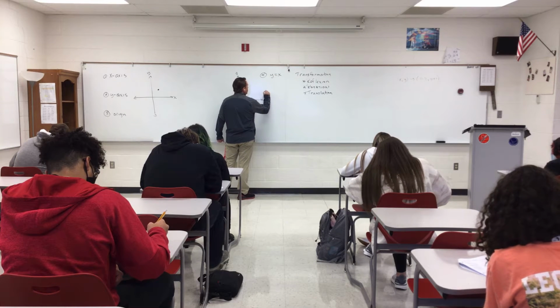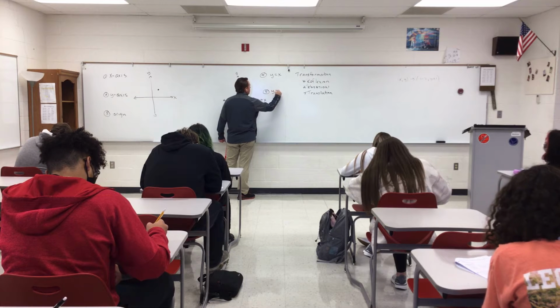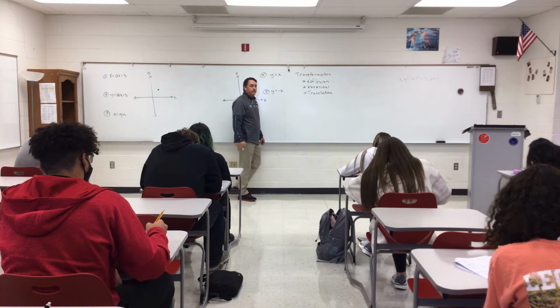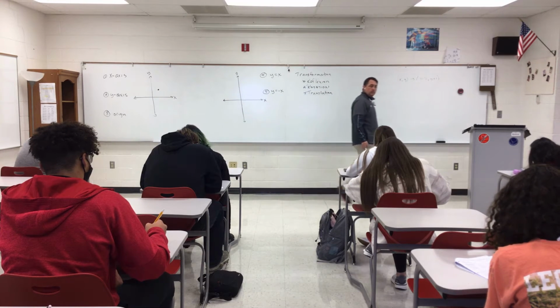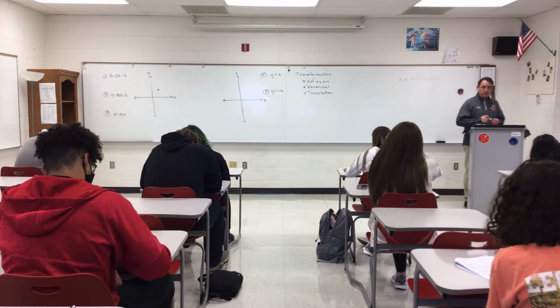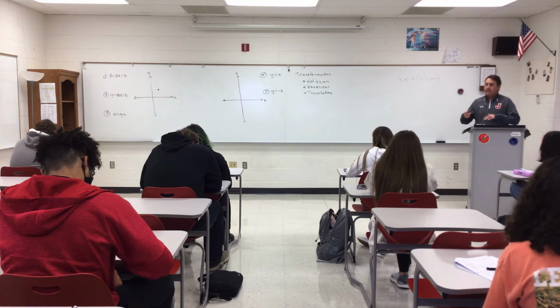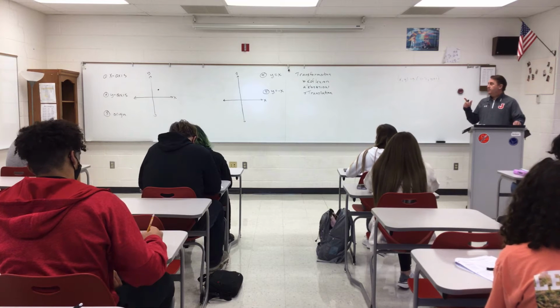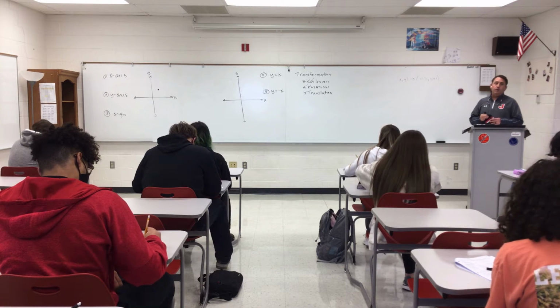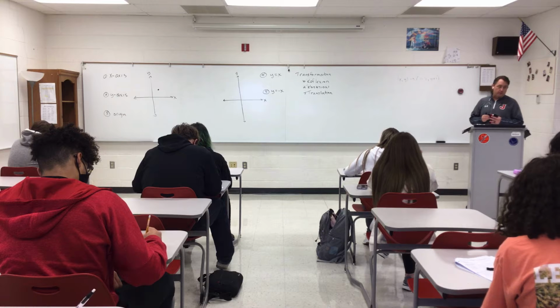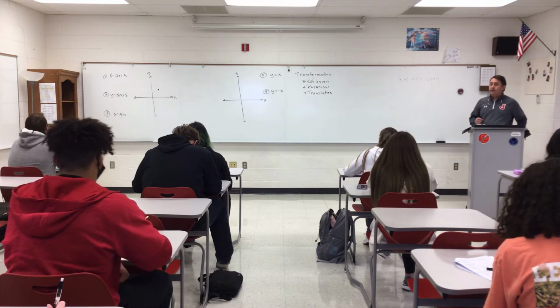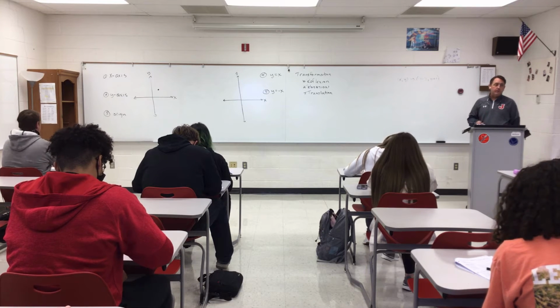And number 5 is going to be a reflection over the line y equals negative x. That's the 5 reflections that we're going to do. Now, when I say the word origin, that really means what point? (0, 0). And then we're going to do the line y equals x and the line y equals negative x.